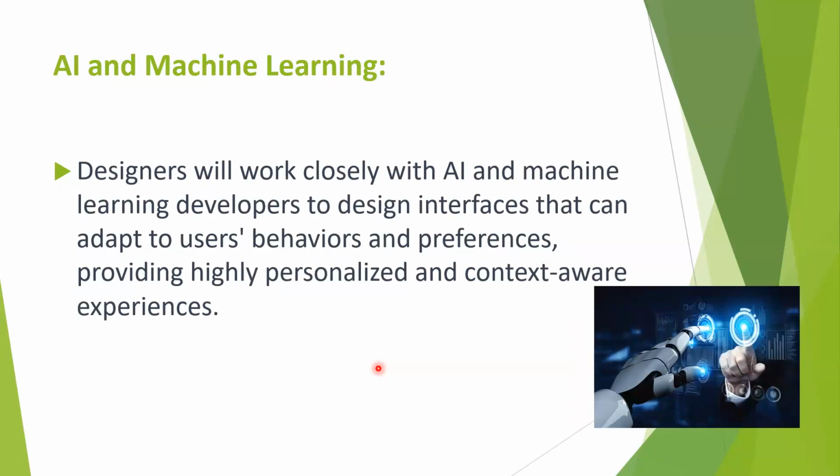And then AI and machine learning. Nowadays people are near to AI and machine learning, where whatever we are thinking, the system has to provide the result. If we search in Google, Google provides n number of results and we have to choose the one result which we need.